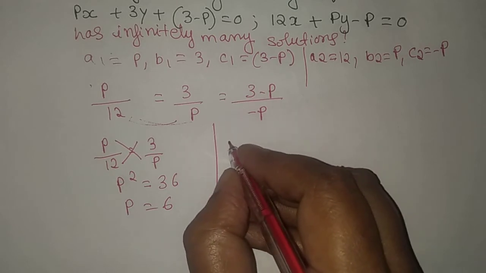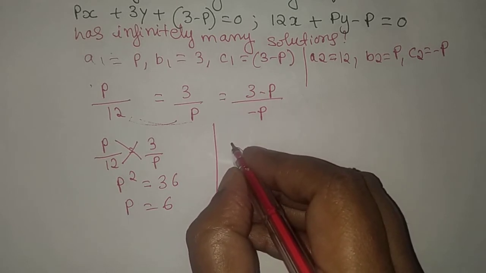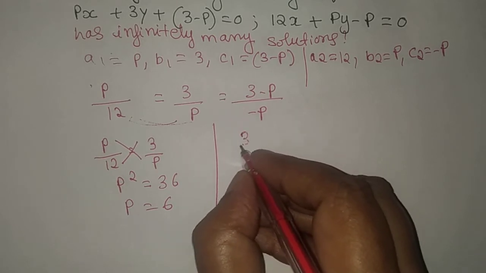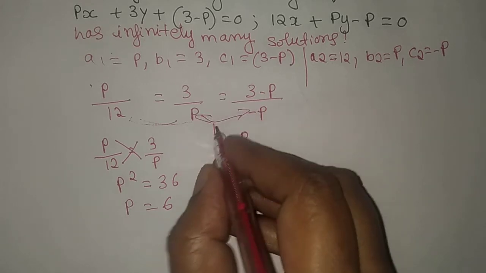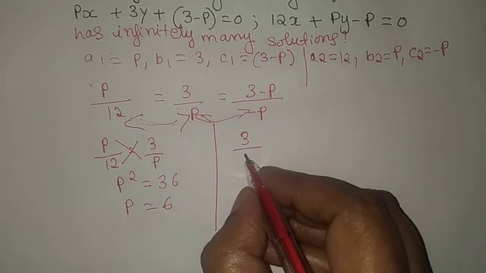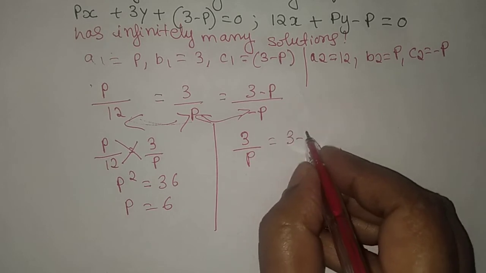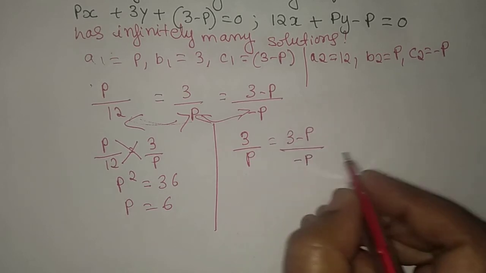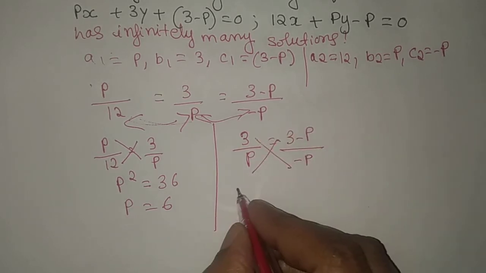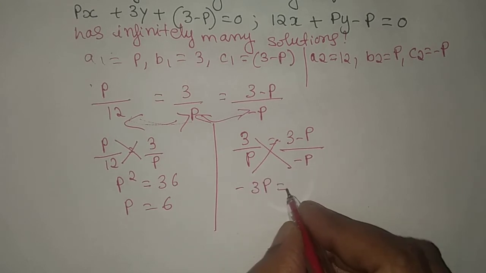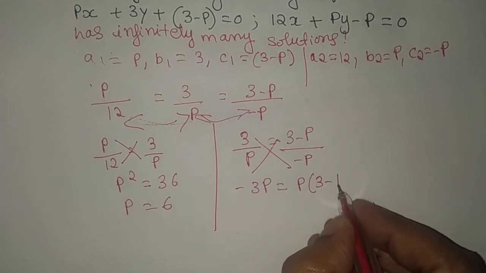Next we have another one, that is these two: 3 by P is equal to (3 - P) by -P. Now cross multiply this, we get -3P is equal to P into (3 - P).